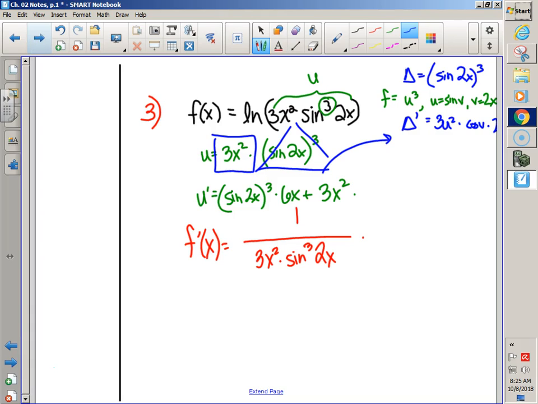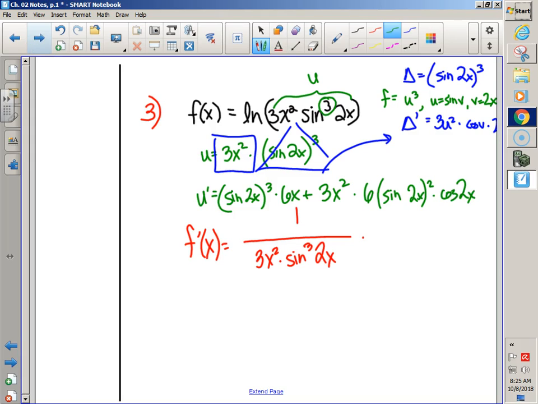Well, hold on, we have to rewrite them, right? 2 times 3 would be 6 times who squared? U squared, which is sine of v squared, cosine of v. Wait, who's v? Oh, so it's sine of 2x squared times cosine of 2x. Got it.